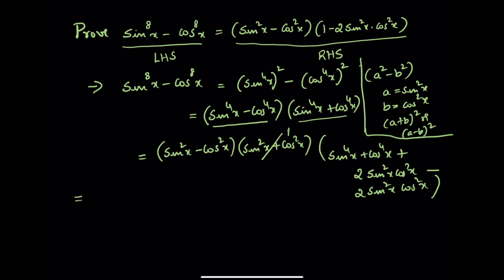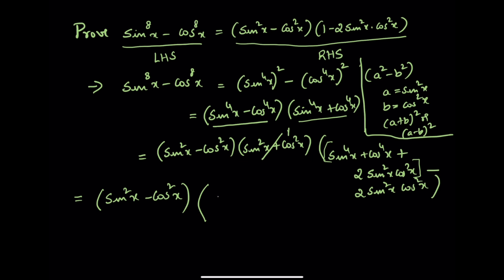This changes to 1. So this will be sine square x minus cos square x times, now if you notice here, what we can do is we can change this part, only this part, to (sine square x plus cos square x) the whole square, which is a plus b the whole square.